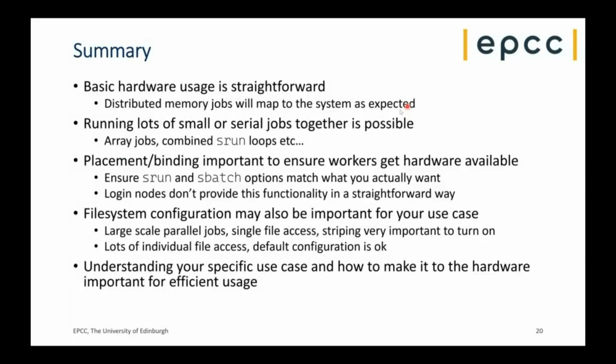Now, this isn't something that people often do who are using large parallel applications, but for data science, data analytics, and even machine learning workloads, this kind of configuration of jobs is much more common.